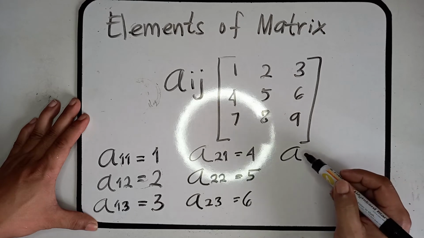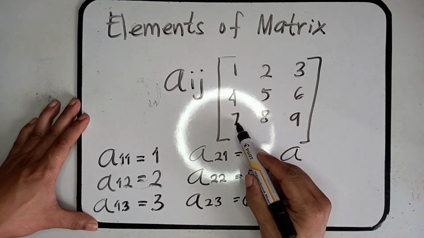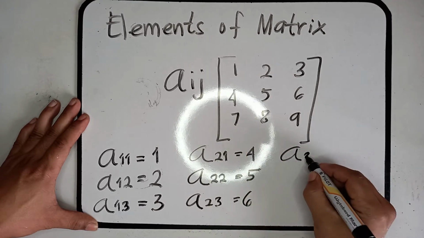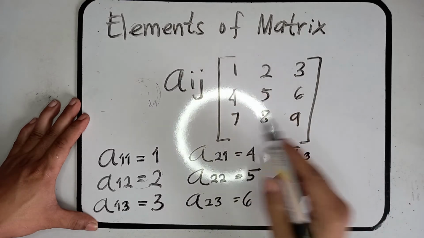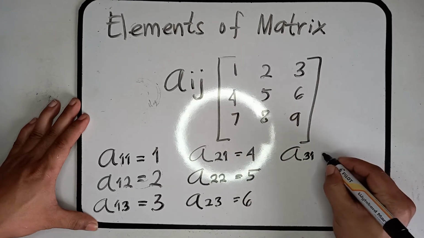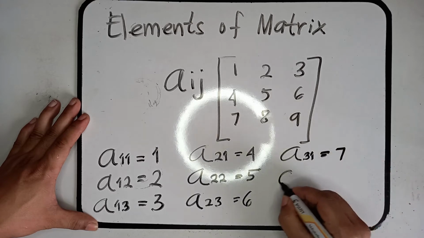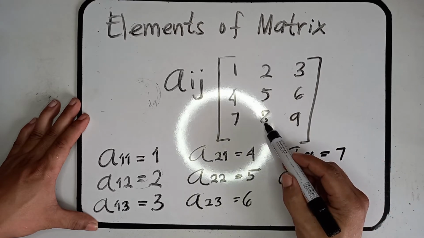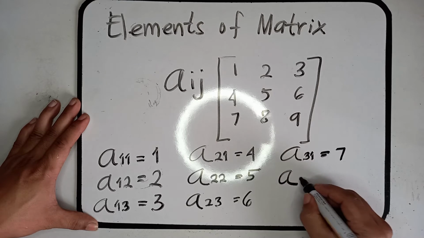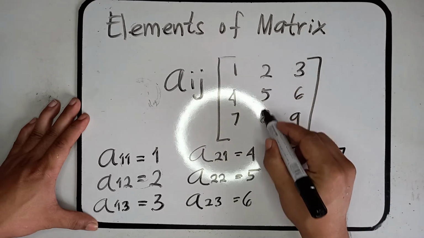So let's keep doing this. For 7, this is on row 3, column 1. For 8, we are on row 3 and then column 2.